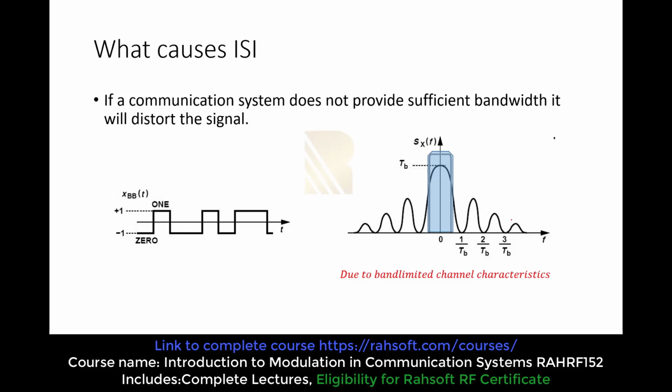Now imagine that our channel is band limited. We know we don't have an infinite bandwidth channel. If you want to include all the bandwidth for this data, as you see here, we need a very wide bandwidth. We can't do that, and most of the time the channel is band limited.